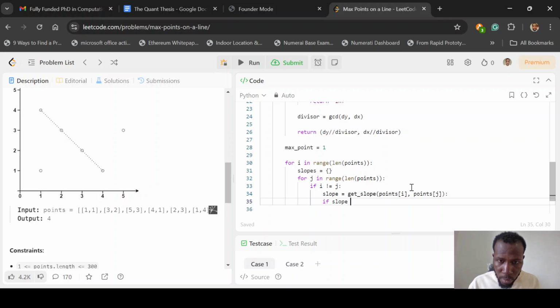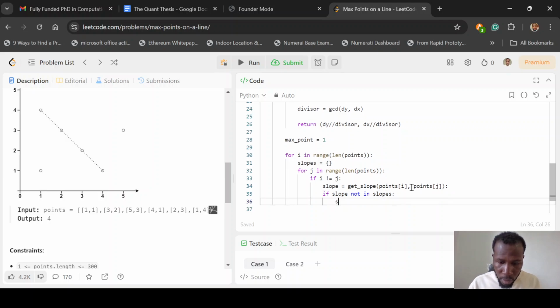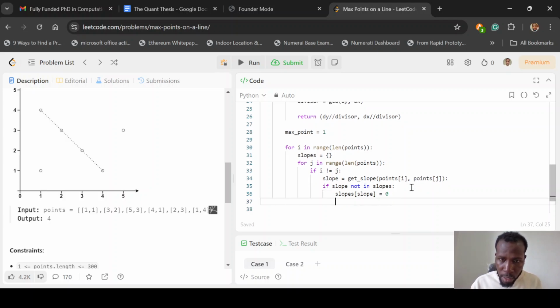If slope is in slopes, slope is equal to 0, then slope increase it by 1.